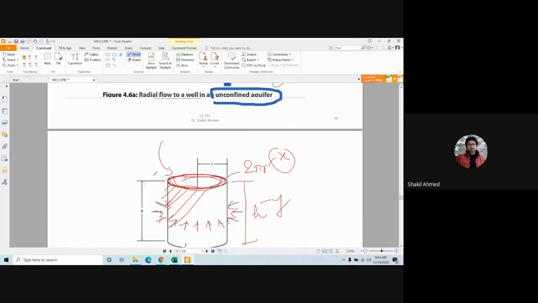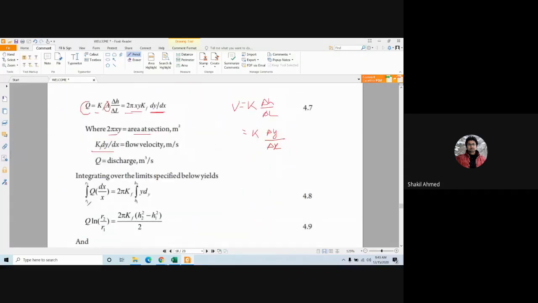H2. So if you put R1 to R2, you have to put H1 to H2, right? So Q, you can rearrange: 1 by x dx equals twice pi y dy into K. These are the constants. So I can directly write this by rearranging.